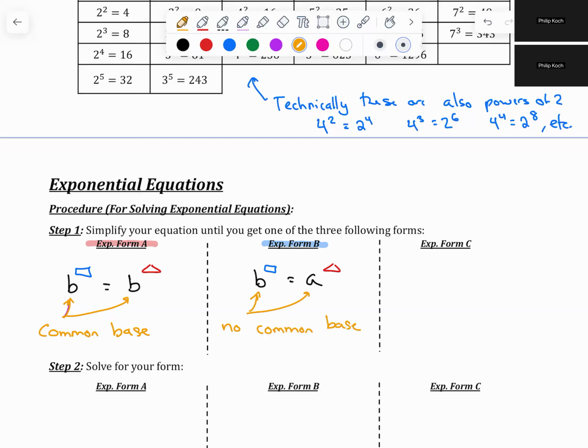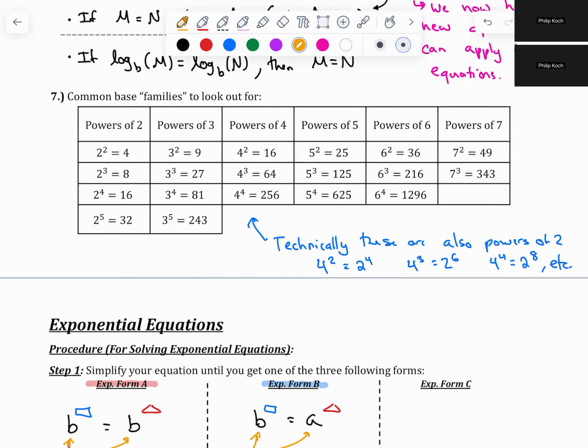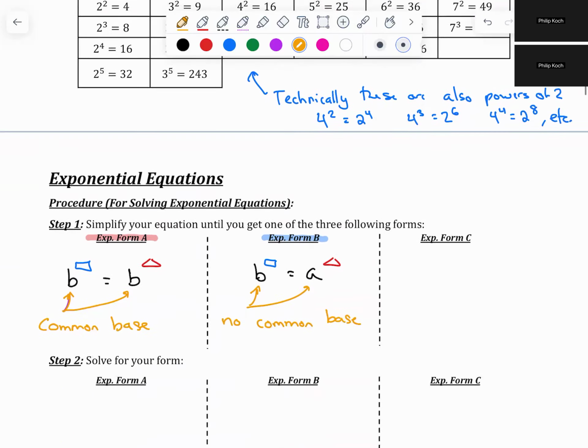So this would be a situation like you got 5 to the x equals 3 to the x minus 7. 5 and 7 have no common base. 4 and 16 have a common base, a 4 or 2. 7 and 343, they have a common base of 7. 27 and 243 have a common base of 3, so on and so forth. That's why I wanted you to look at these guys right here, these little powers.